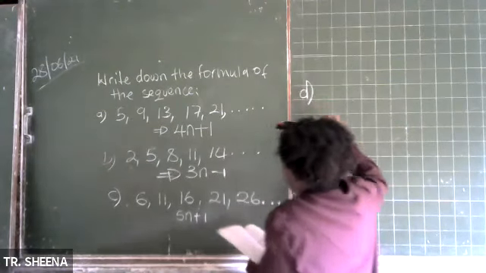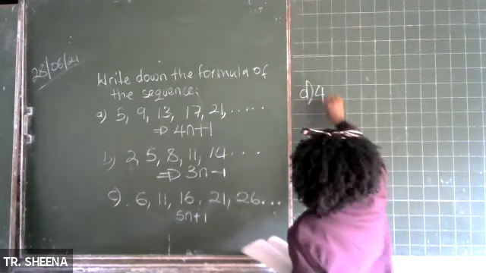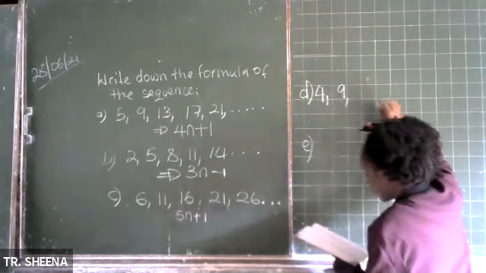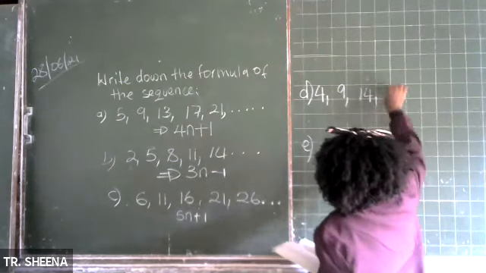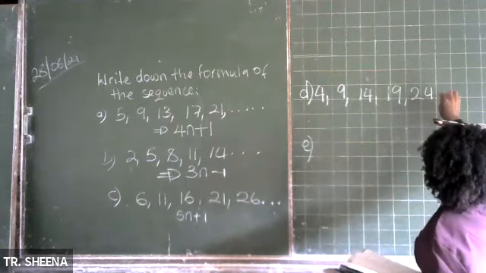So let me put D and E. Then I read your charts because the charts are many. 14, 19, 24.